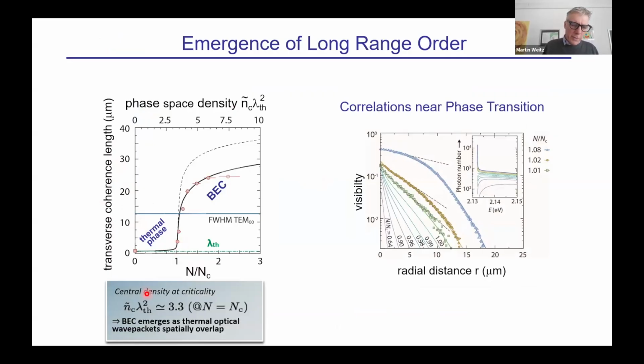So if the phase space density increases beyond about 3.3, then we see macroscopic coherence emerging, and this extends very rapidly over the whole system size. And here on the right-hand side, you see in more detail mapping out the correlations near the phase transition, while there's a long regime where the visibility scales almost linearly with distance.